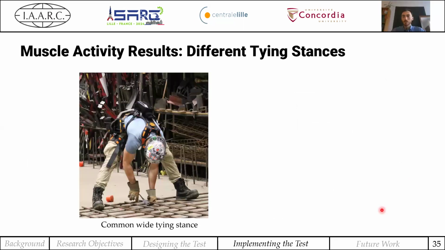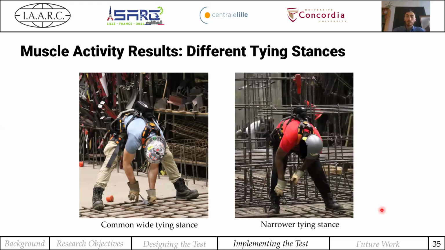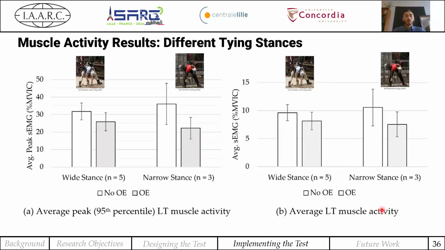For the tying task, we noticed some unexpected differences in posture. So we decided to investigate this further. Most participants used a wide tying stance, which is typical of experienced rebar workers and recommended by the experienced rebar instructors, and a minority of participants used a narrower tying stance, which is more typical of less experienced or novice rebar workers.